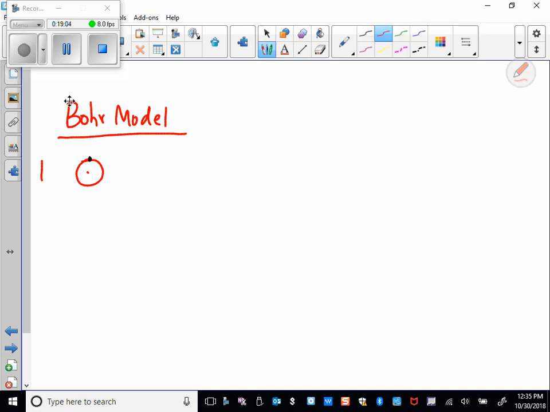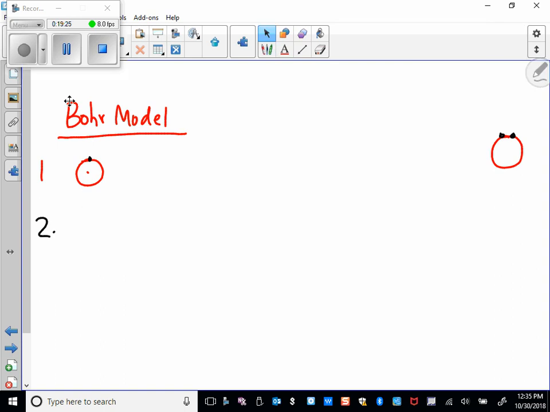Helium is a noble gas. Helium also is in energy level 1, and helium has how many electrons? 2. And that is the maximum number of electrons that can go in the first energy level. Is that right? After helium comes the second energy level. And what is the first element at the second energy level?